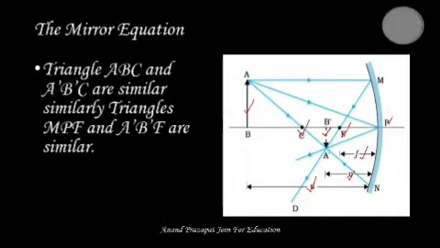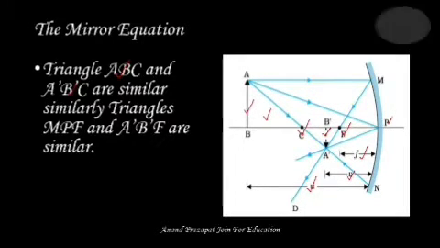So there is a relation between u, v and f. For this we consider the triangles ABC and A'B'C, which are similar. Similarly, we consider the triangles MPF and A'B'F. These two triangles are also similar. And we know that if two triangles are similar, then the ratios of their sides are equal.